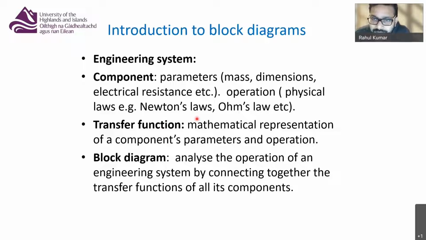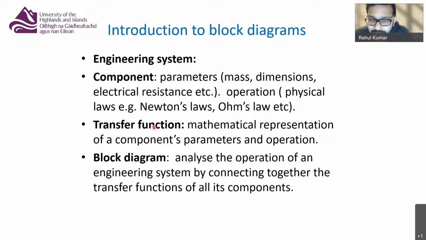So essentially, your engineering system, as we know, will include different components, which may have different parameters and may operate depending on different laws. And we develop a transfer function, which is essentially a mathematical representation of these components.